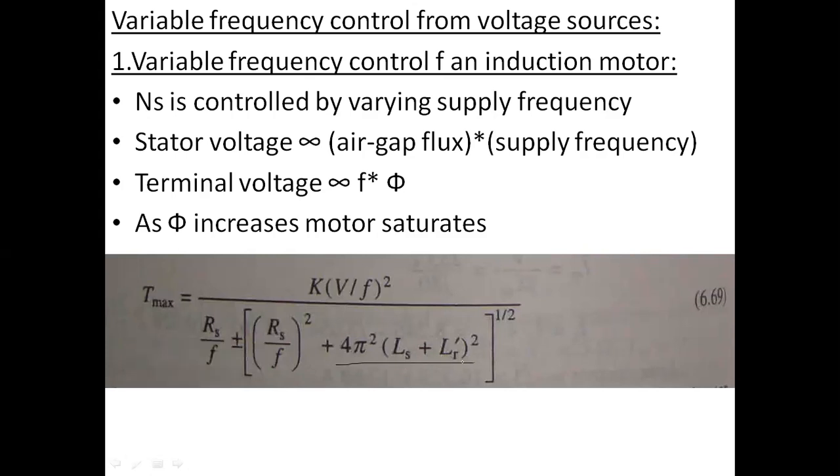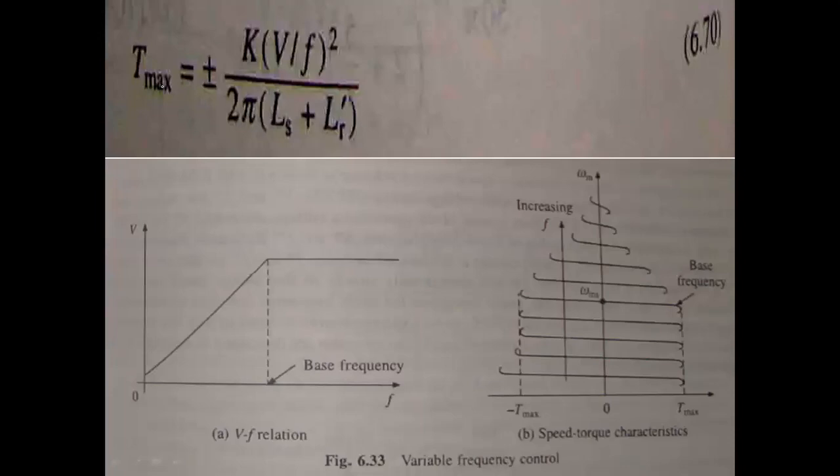If the second term is greater than Rs by f, then I can modify the equation as T maximum is equal to plus or minus K into (V by f) whole square by 2 pi into Ls plus Lr dash.